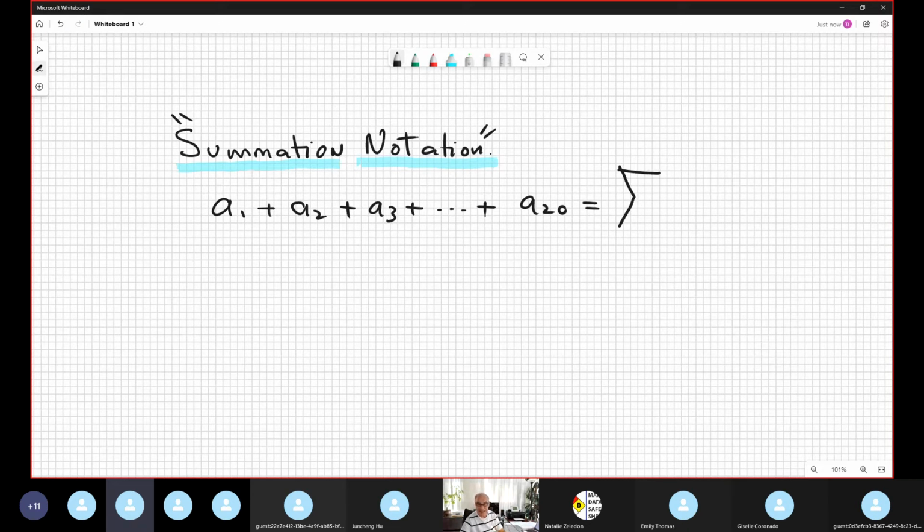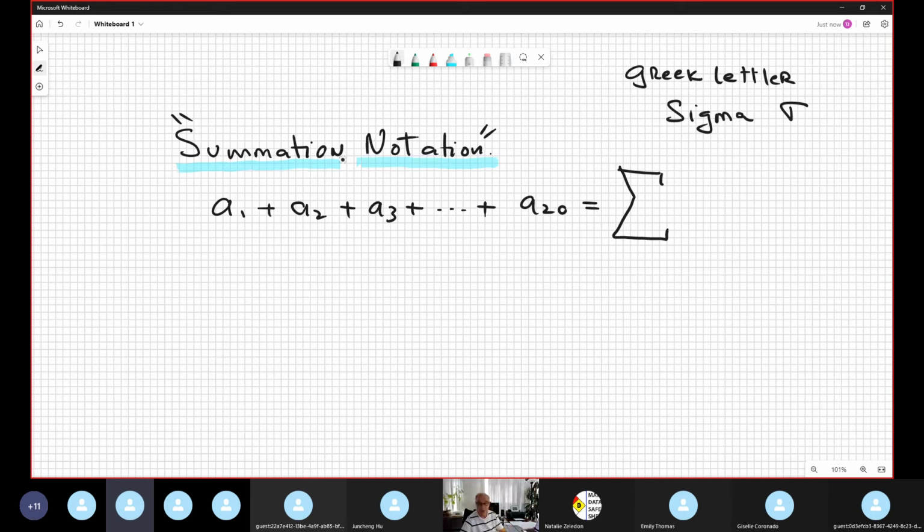You copy this Greek letter, called capital sigma, because we have lowercase sigma in the Greek alphabet too.